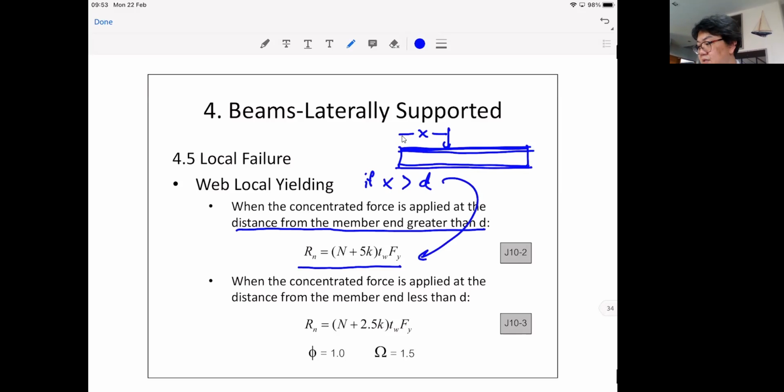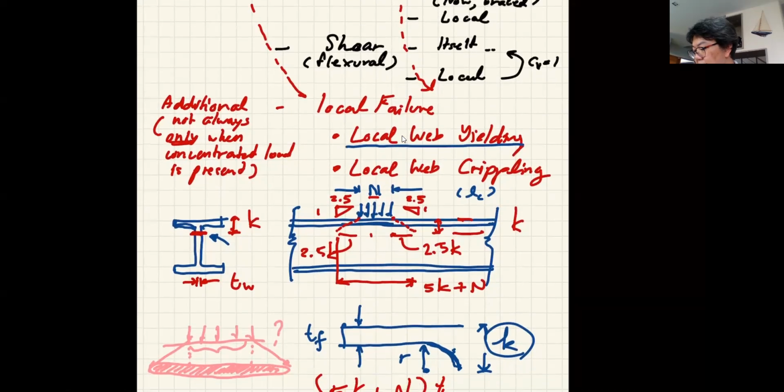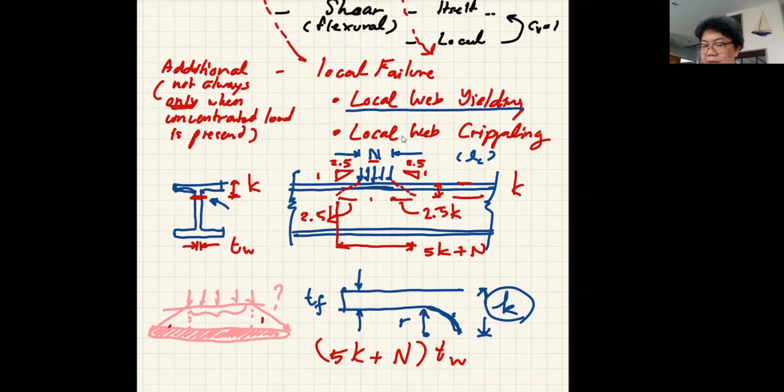If this distance is less than d, that means you cannot have the area of the stress develop on both ends like this. You can only have the stress develop at one end. So you have to discard this area. If you can only have one side of the distribution, you can only have 2.5k.